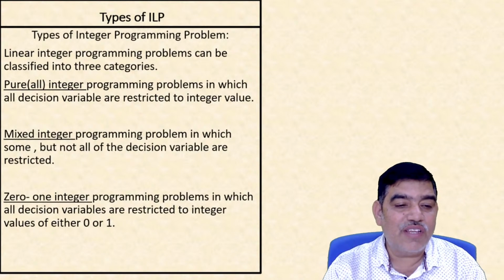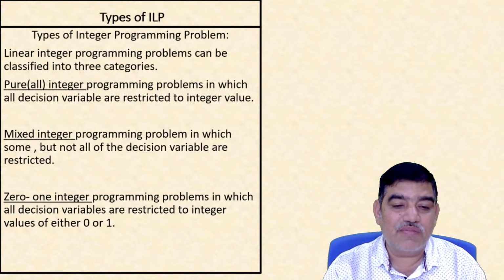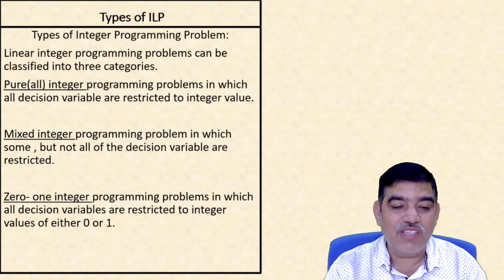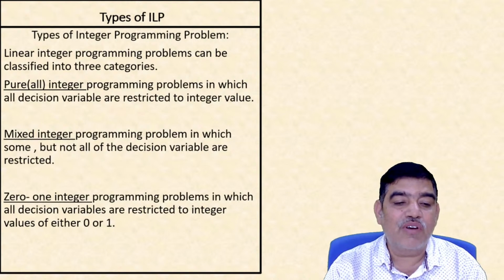Similarly, the third one is the 0-1 integer programming problem. 0-1 integer programming problem means the binary integer programming problem. We know that in the binary number system, there are 2 digits, 0 and 1. Here it has the same meaning: in a 0-1 integer programming problem, all decision variables are restricted to the integer value of either 0 or 1.